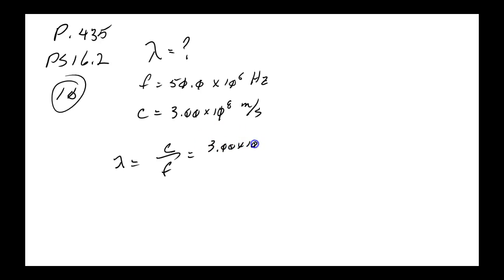3.00 times 10 to the 8th meters per second divided by 50.0 times 10 to the 6th per second. I wrote it that way so you can see the per seconds cancel out, giving us meters, which is a good thing for wavelength. Length is in meters. All right, we have to do a little bit of fiddling around here. Let me move this decimal 2 places to the left.